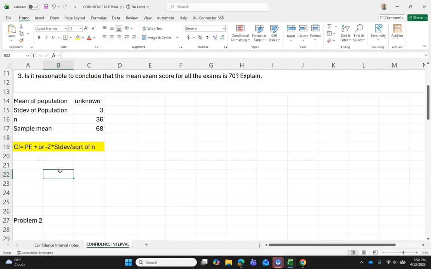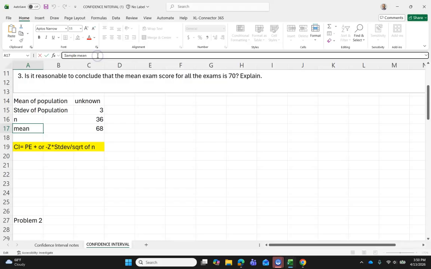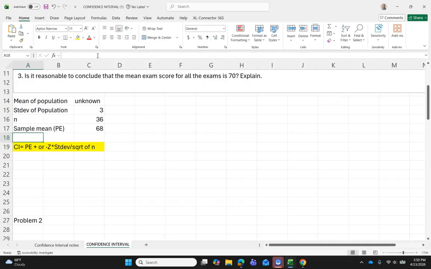Let me highlight it. We have plus or minus, because minus will give us the lower bound and plus will give us the upper bound, and so we get the interval. Our point estimate is this sample mean. We're going to use this sample mean to estimate the mean of a population.